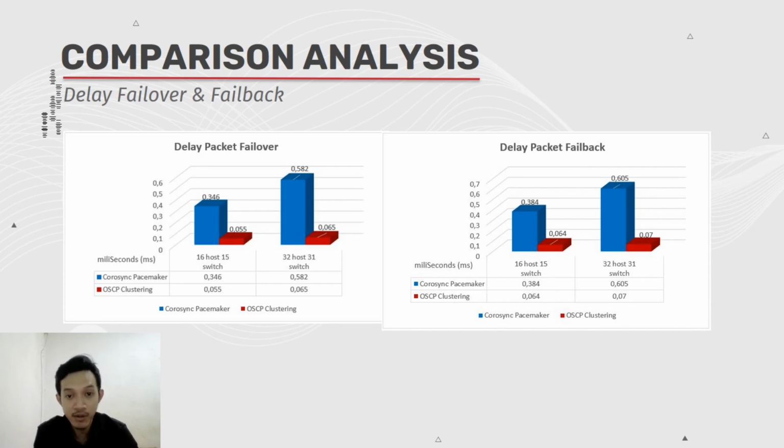This is caused by the increasing number of nodes. The load on the controller increases, so the delay obtained is greater, and there is an additional delay from the synchronization process by two different interfaces.